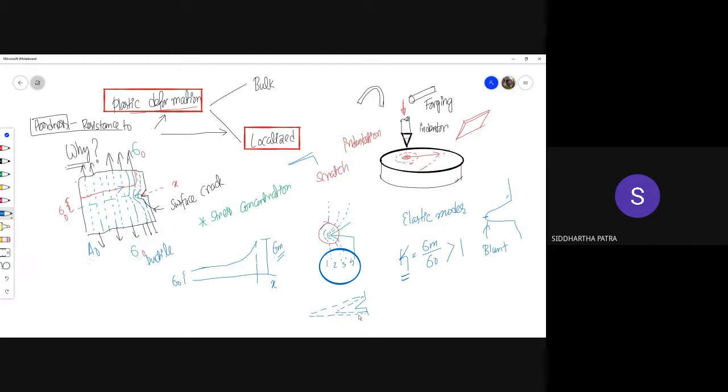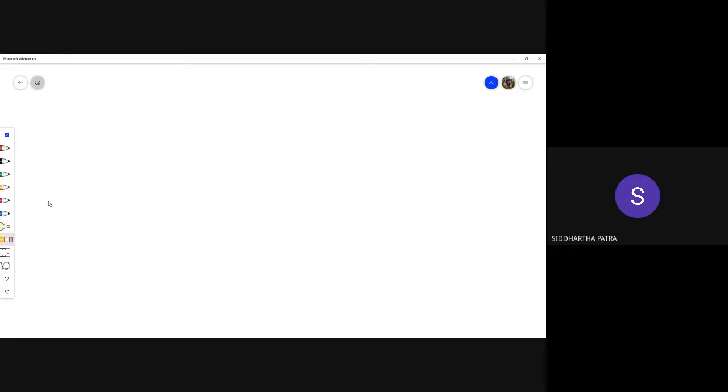Hence it is worthwhile looking into the details of that property, that is hardness, or how we measure hardness. So now we'll be talking about different methods of measuring hardness.